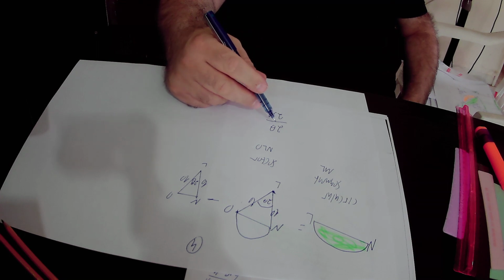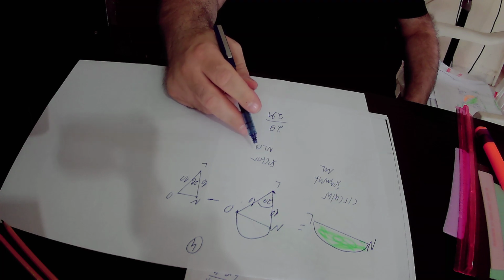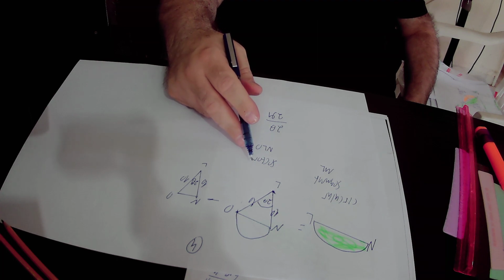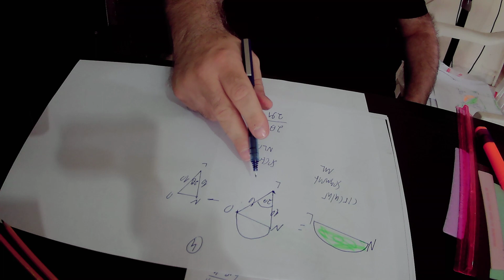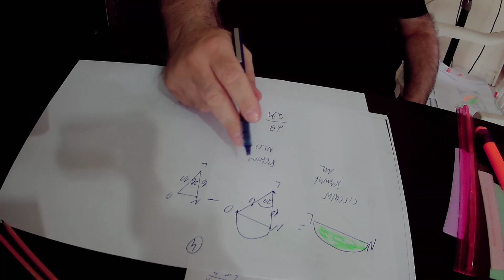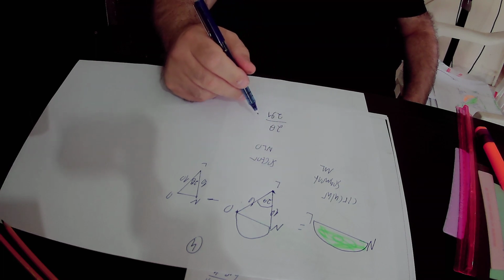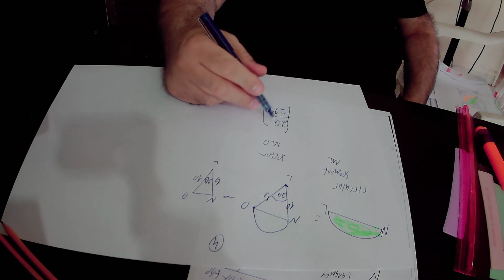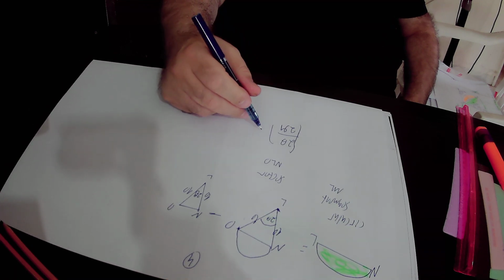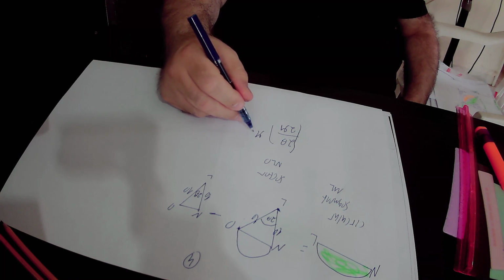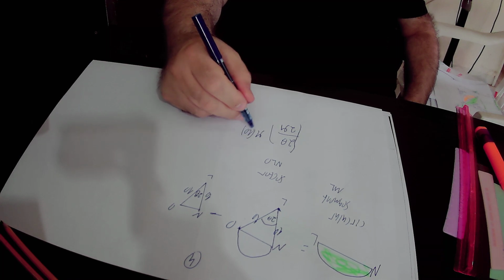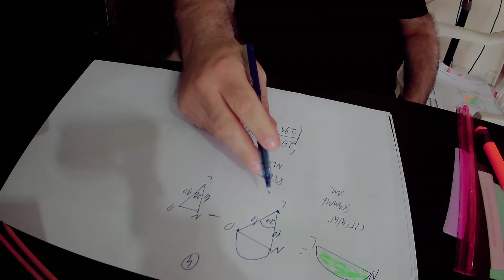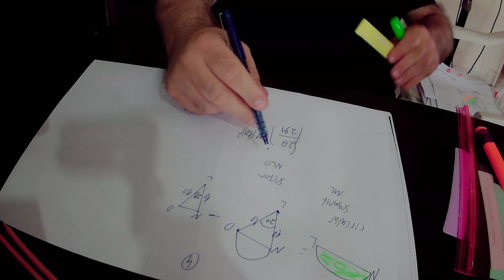That ratio gives us the percentage that this sector NLO occupies out of the whole circle, and if we multiply it by the area of the circle, that is pi r squared, and r equals 10, so it is pi times 10 squared, it will give us exactly the area of this sector NLO.